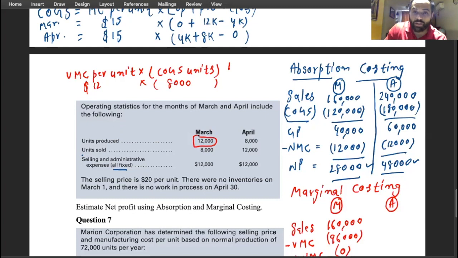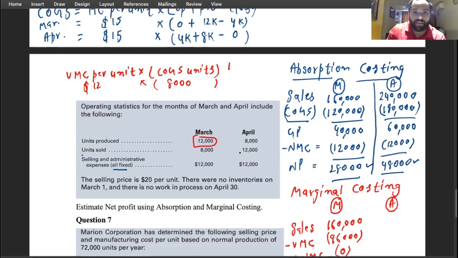That is the units produced. How many units did we produce in total? We sold 8, so that's why you're using cost of goods sold unit 8. That's why under absorption costing, we calculate fixed cost using production unit. But as I said, we have to calculate total fixed cost.